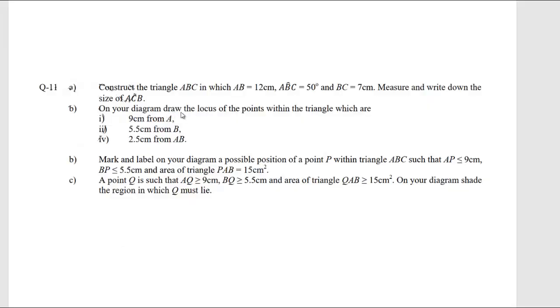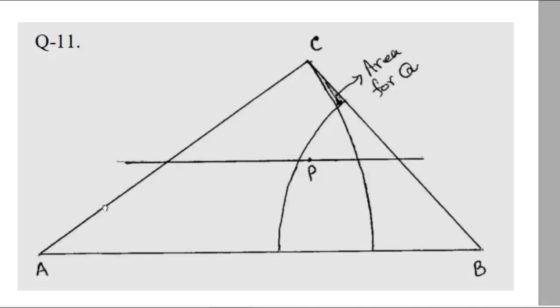On your diagram, draw the locus of the points within that triangle, that is inside the triangle, which are 9 centimeter from A. That is circle of 9 centimeter from A. So from A we have drawn this circle 9 centimeter away from the point A. We have to draw that part of the circle which is inside the triangle as per the requirement of the question.